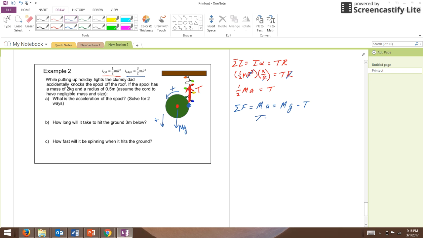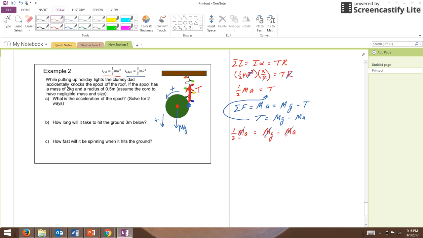Again, just like last time, we'll solve for T. So T is equal to mg minus ma, and substitute that in for T there. So we get 1/2 ma is equal to mg minus ma. Now, there's an m in every single term, so we can cancel that out. That is awesome. That didn't happen last time.